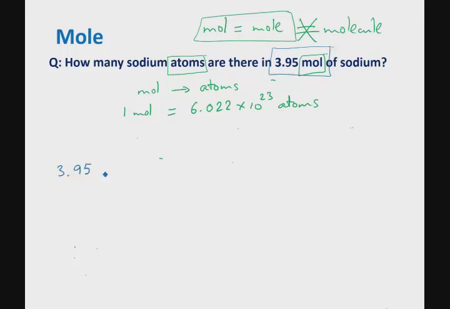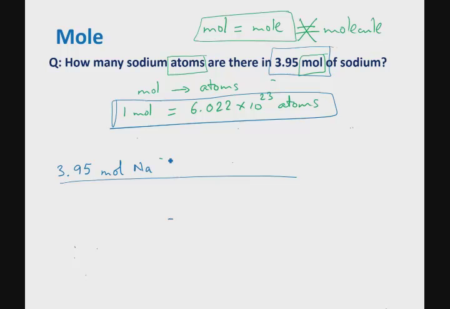In this case, we need to convert 3.95 moles of sodium using a conversion factor that comes from a standard equation, such that the unit you do not want gets crossed out, which is moles of sodium, and the unit that you do need is the one that's left, in this case atoms of sodium.